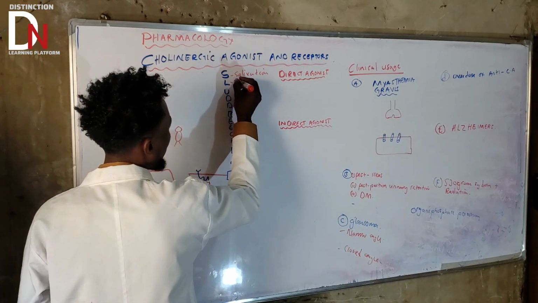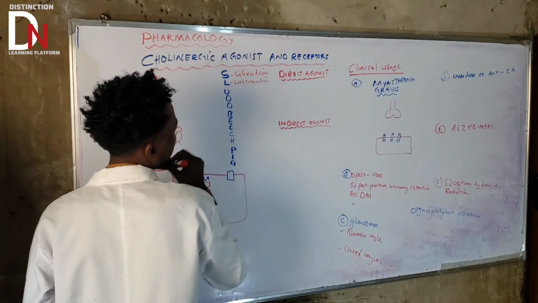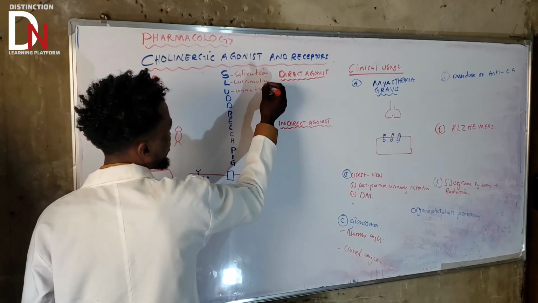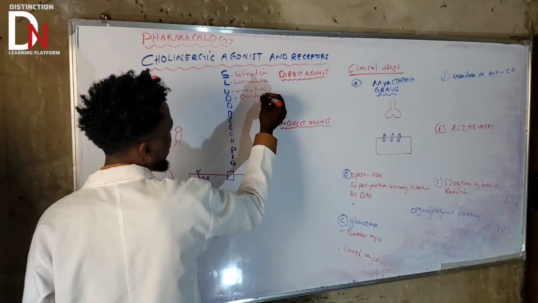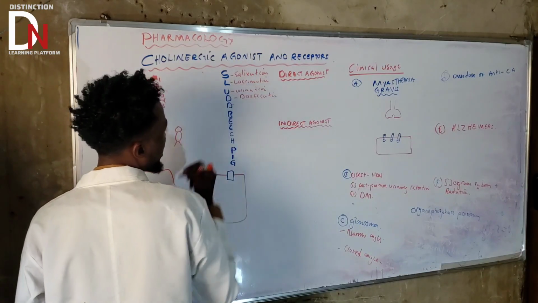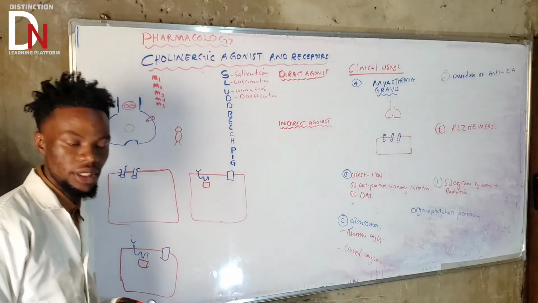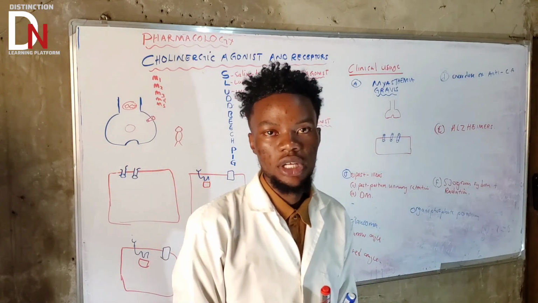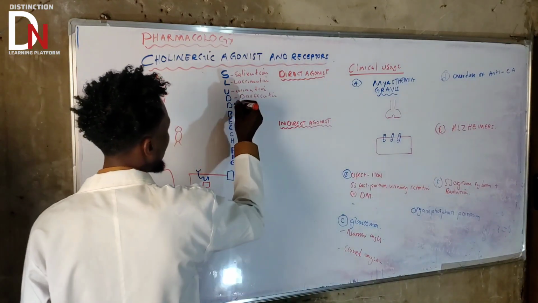What else? L stands for lacrimation. Then U stands for urination. D stands for defecation. Then another D stands for digestion. Basically, it promotes GI secretion and GI motility. That is D, digestion.